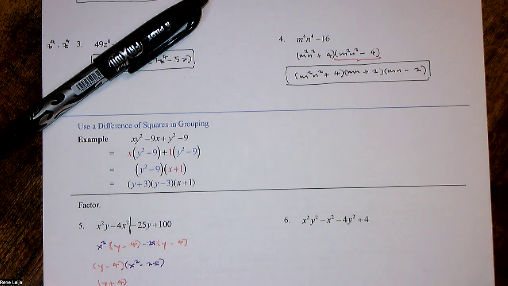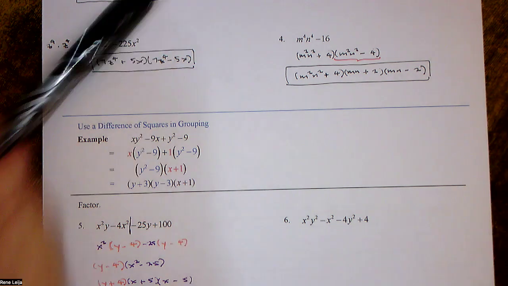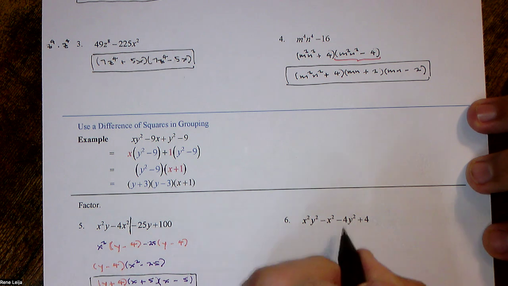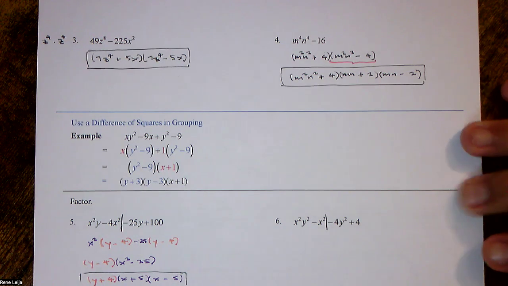The x squared minus 25 is a difference of squares. So that will be a plus and a minus. X plus 5, x minus 5. And that's it. Okay. All right. Number 6, if you want to try it on your own, you can.